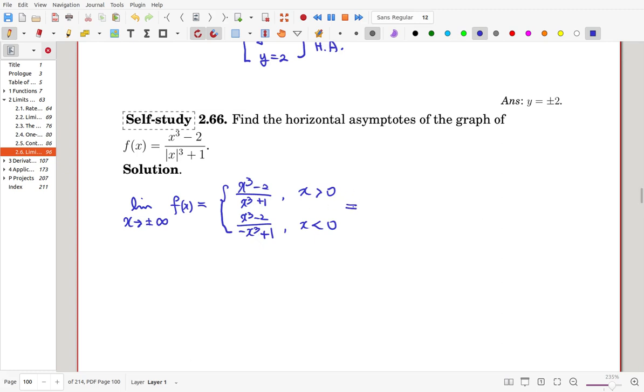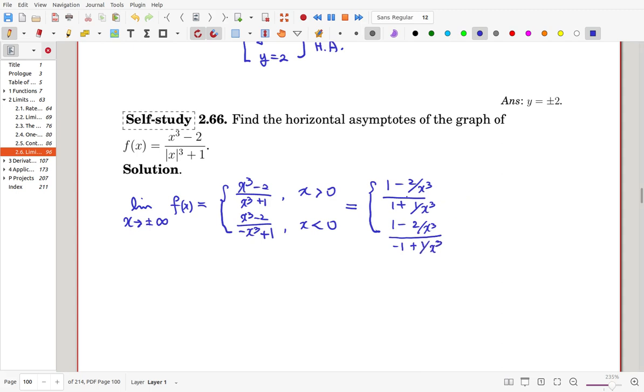Again, from this one, once divided by x cubed, this will become 1 minus 2 over x cubed, divided by 1 plus 1 over x cubed. And on the other side, again divided by x cubed, will make 1 minus 2 over x cubed, divided by minus 1 plus 1 over x cubed.